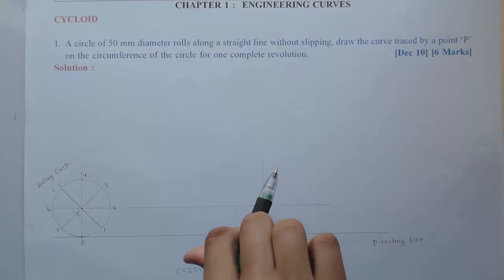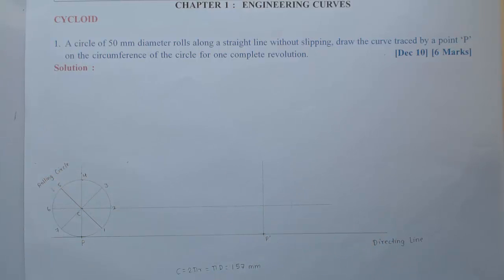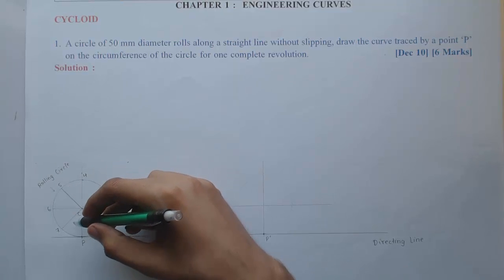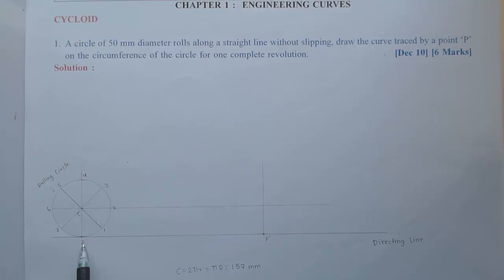Now here there is no need to divide the circle like in the original position. So now the next procedure is, in whichever number of parts we divide the circle, here 8 parts, we should divide the circumference, that is one revolution length, also into the same number of parts.